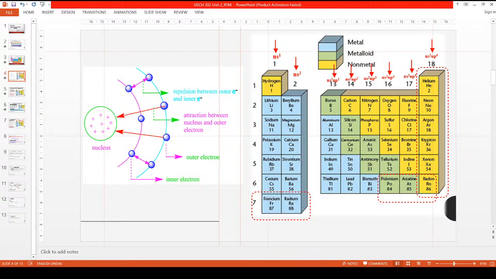So the s orbital capacity is 2 electrons and the p orbital's capacity of occupying electrons is 6.